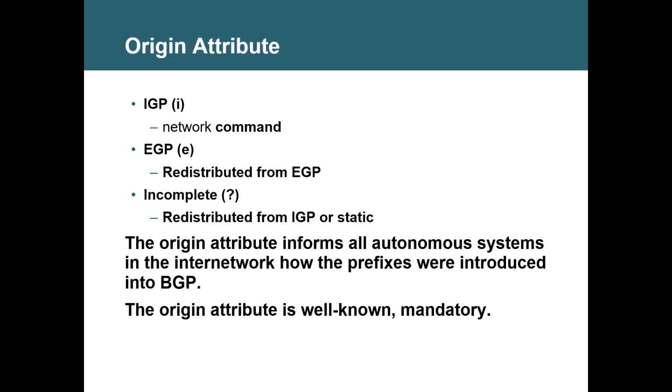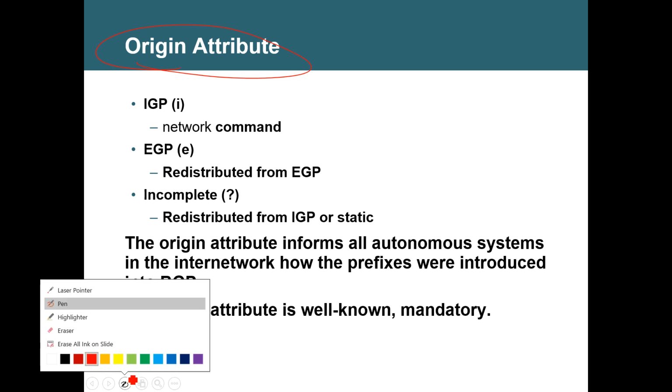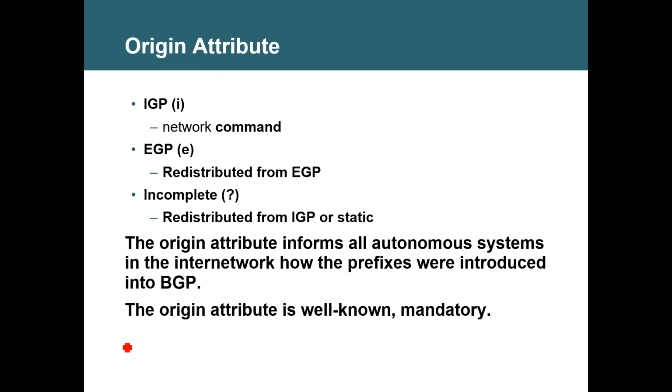We'll see the sequence in some time, but what I'm trying to say here is, if I know only how to tune the path using origin, that is not enough. That is not complete knowledge. I can't achieve what I want. So we need to know all the attributes, how they work, and which comes after what.